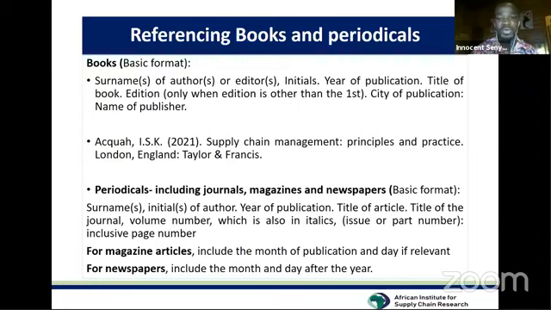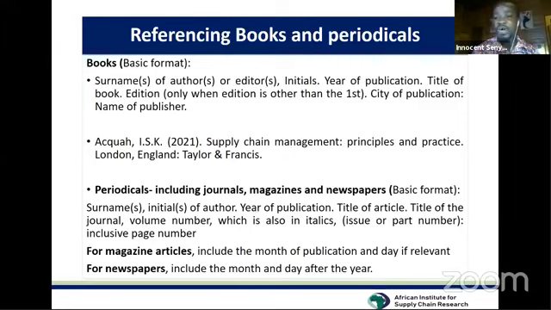If it is an edited book, you provide the names of the editors. Then you provide their initials. For example, my name is Innocent Acquah. So if you are referencing my book, then you write Acquah, which is my surname, and then my initials will be ISK.